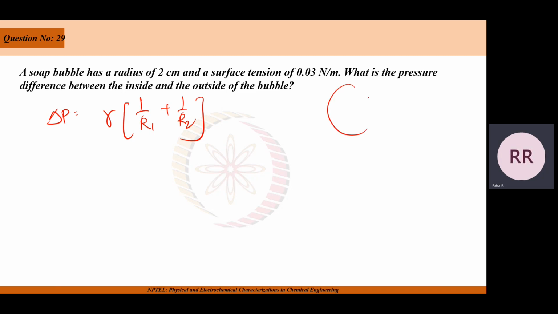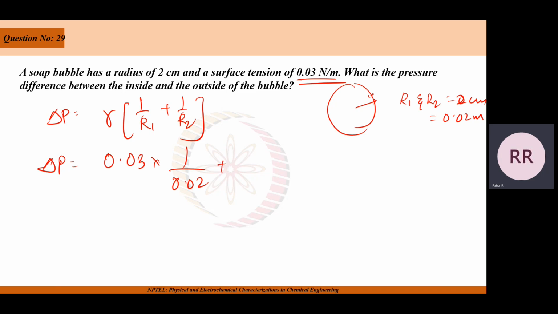Since we are considering a bubble, the thickness is very small, so let us consider R1 and R2 equal to 2 centimeters, that is nothing but 0.02 meter, and gamma is given. The answer is very simple: 0.03 into 1 by 0.02 plus 1 by 0.02.